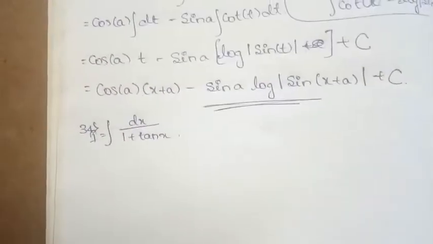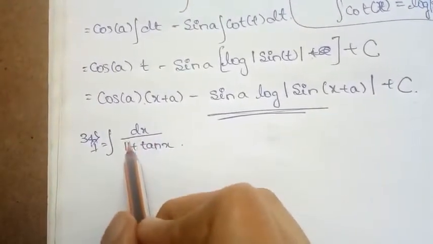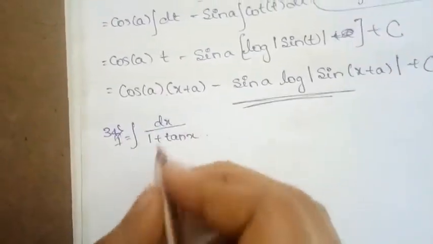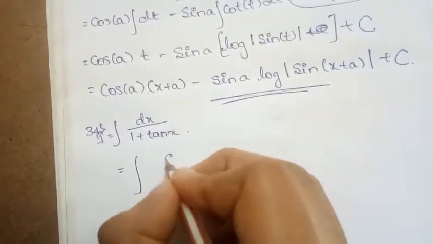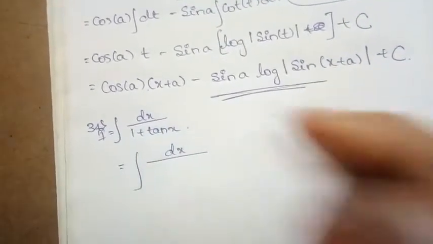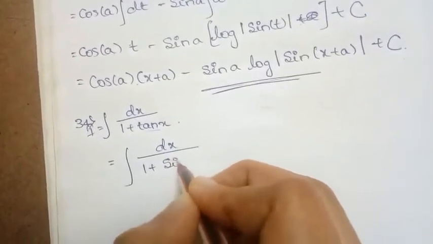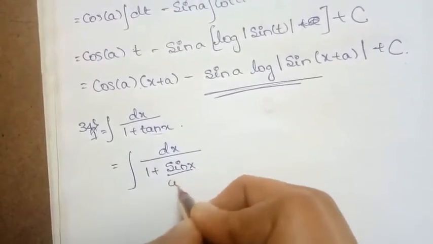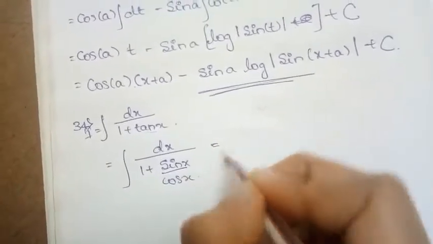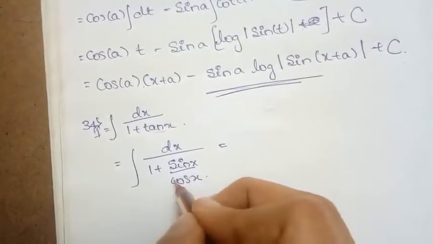The next question is, we need to integrate dx divided by 1 plus tan x. Here the simplification of the question matters a lot. So I can write tan x as sin x divided by cos x, so 1 plus sin x divided by cos x. If I take the LCM, cos x is the LCM.